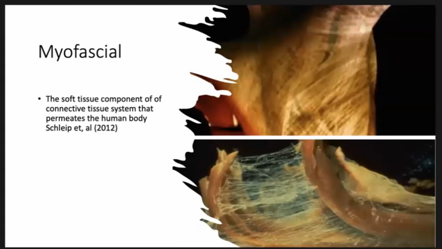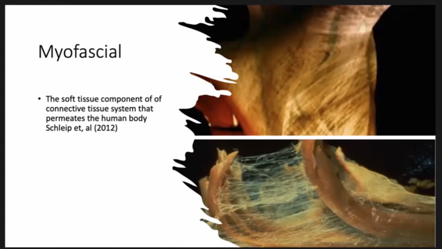So, okay, when we're looking at the myofascia, we can think of the fascia as something which is, well, this is a definition. There's a very good book on the fascia that therapists have in their library. It is called Fascia, I believe.